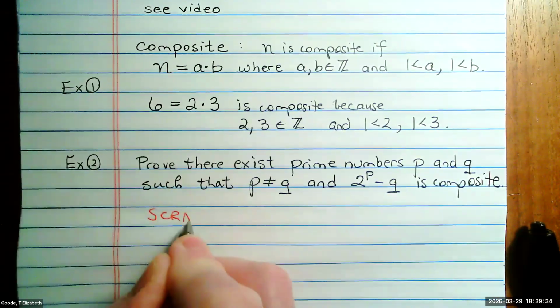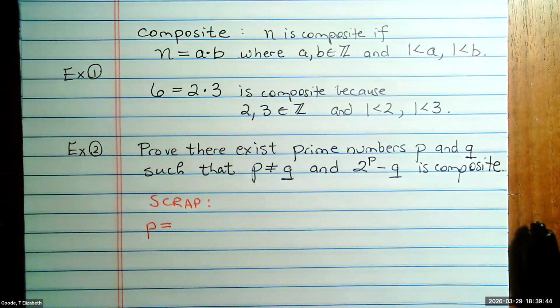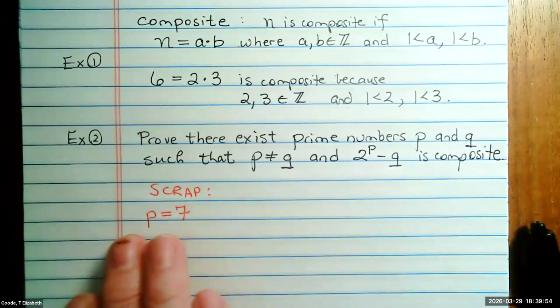Does the red show up okay? Yes. All right, so let's try. What would you like to try for P and Q? They have to be different from one another. 7 and 8. Okay, stop.